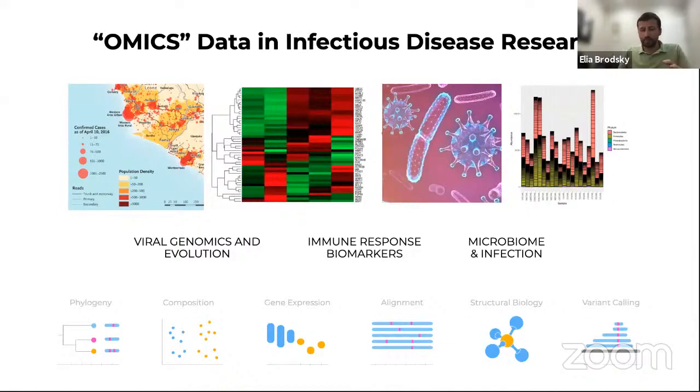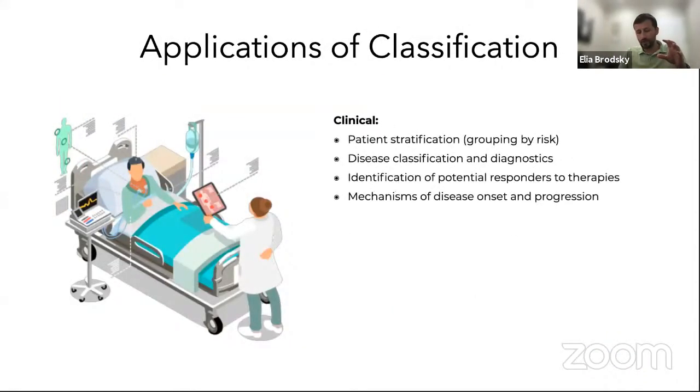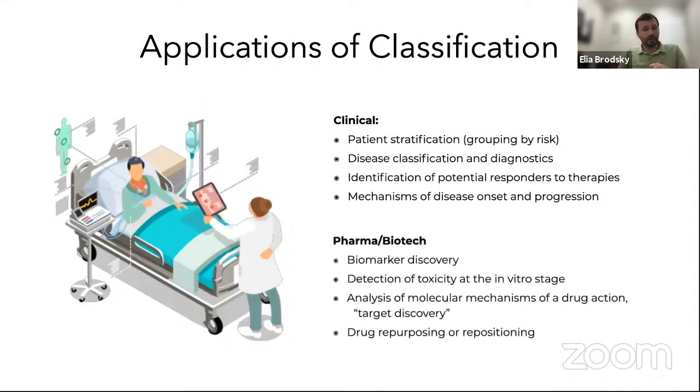So this program is going to talk about some applications of computational methods to a variety of clinical biomedical research, pharma and biotechnology challenges using big data that is sourced from peer-reviewed journals and found in different repositories that anyone can get data from.